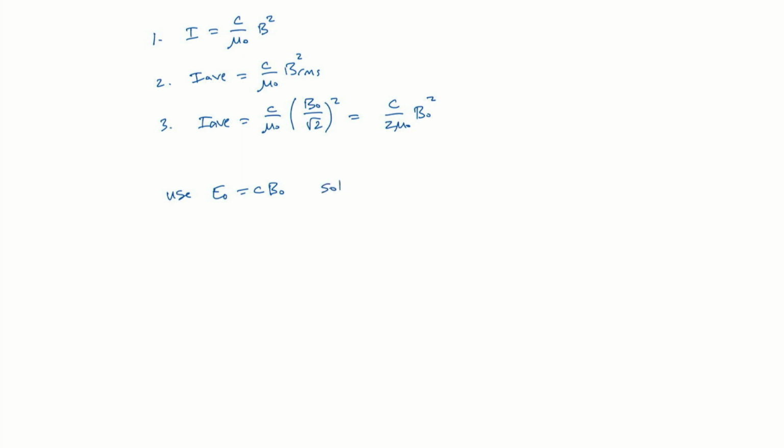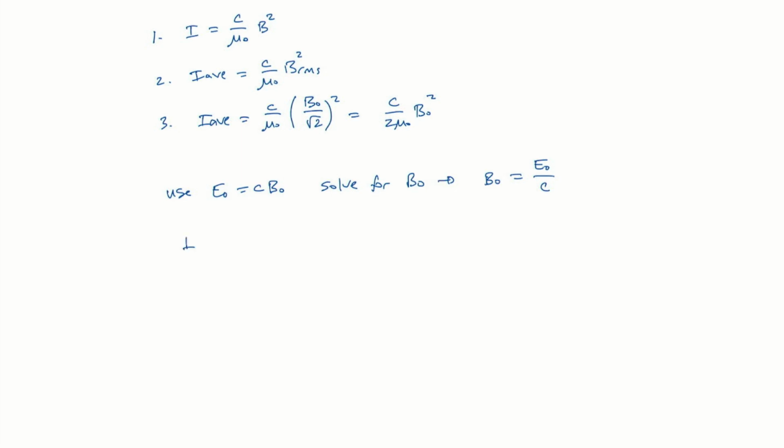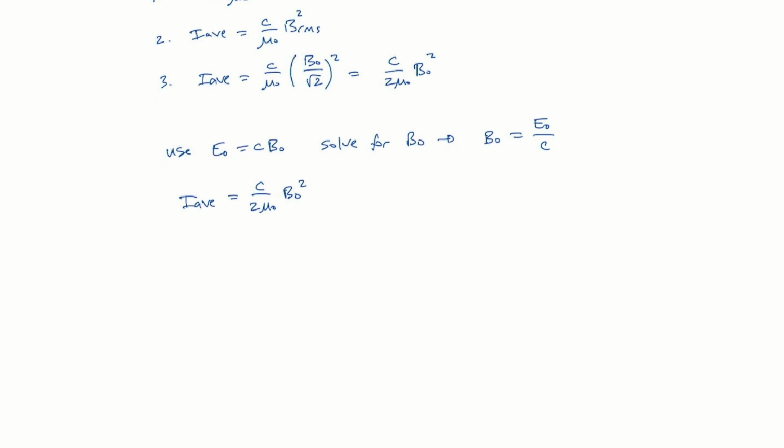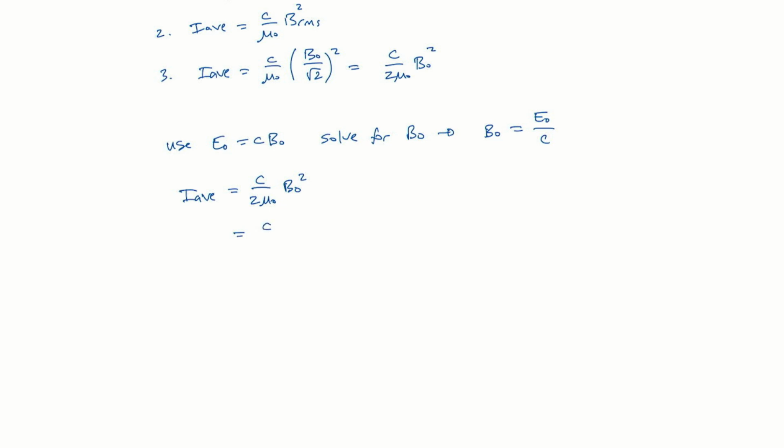And so solve for B naught, and we see that B naught, which is the peak magnetic field, is equal to E naught, the peak electric field, divided by the speed of light C. And so from our last equation, average intensity is speed of light over 2 times the permeability times B naught squared. Let's rewrite this as C over 2 mu 0, a B naught, and a B naught.